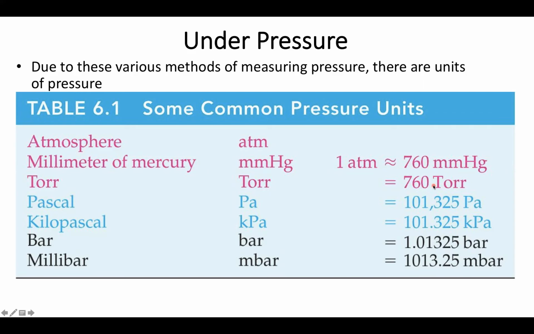However, if you like working with pistons, it turns out 1 atmosphere is equivalent to over 100,000 pascals. So as a result, instead of referencing things in terms of pascals, we often use kilopascals. However, because pascal is a natural SI unit, but it's far too small, the traditional SI unit is something called the bar.